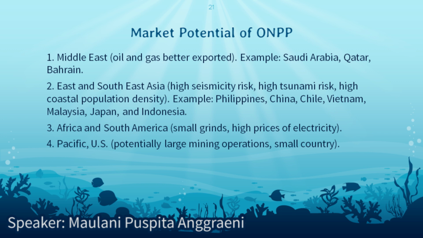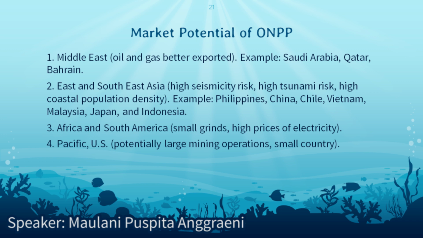Market potential of ONPP. The first class is countries rich in domestic oil and gas that would prefer to export their energy products. You can find this class in Middle East countries such as Saudi Arabia, Qatar, and Bahrain. The second class is countries with high seismicity, high coastal population density, and limited domestic energy resources.